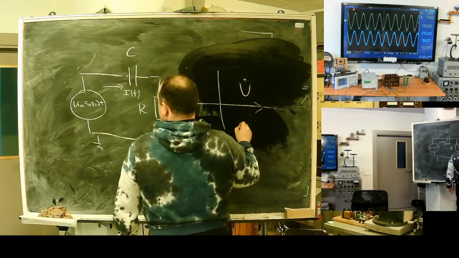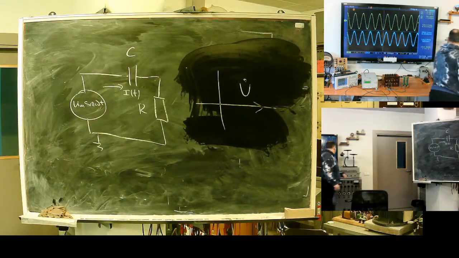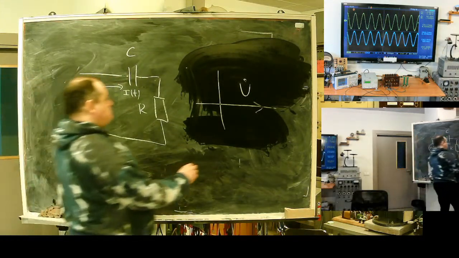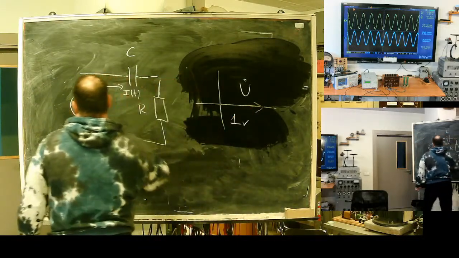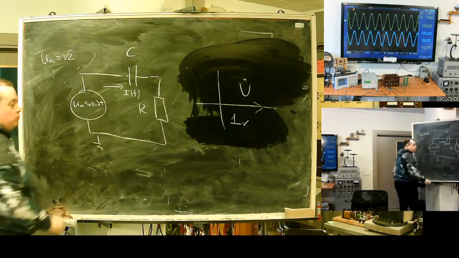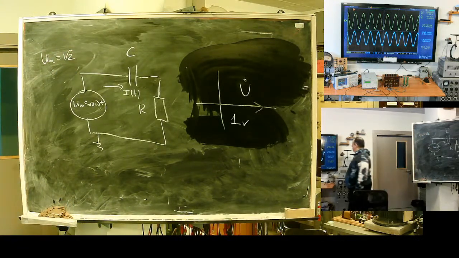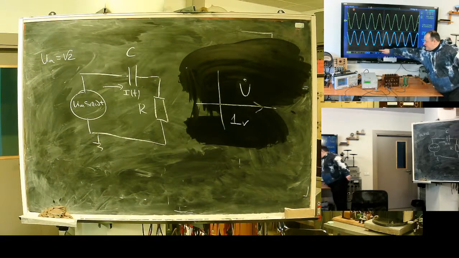This one, voltage. What do I have? 1 volt. 1 volt. The actual amplitude is the square root of 2. See the scale. 1 volt.